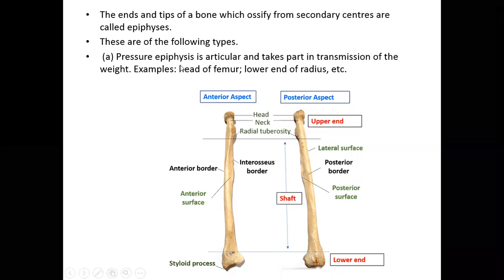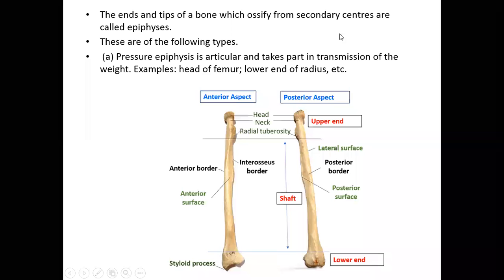Pressure epiphysis. Here the epiphysis is formed because of the pressure. Now one more thing you should know regarding the ossification centers. I said we have primary ossification center and secondary ossification center. Primary ossification centers are usually formed before the birth. Whereas secondary ossification centers are formed after the birth.